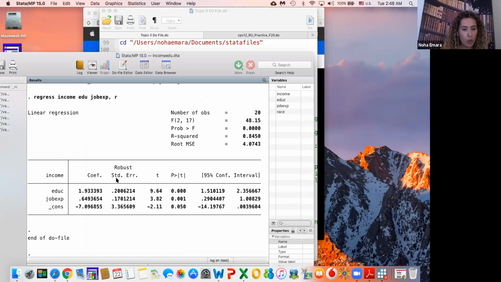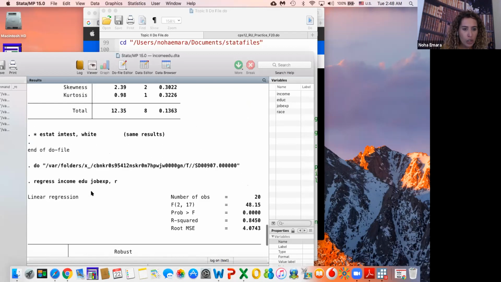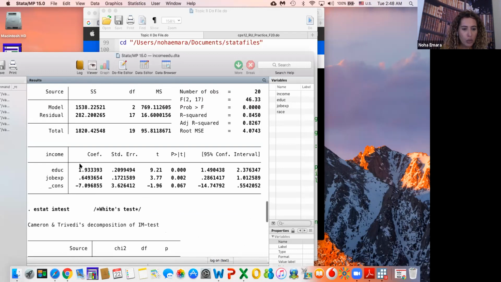What you get here is the robust standard error. The robust standard error is an adjustment to the regular standard error, allowing for the possibility of correlation between the X's in the model and the error term of the model. I want you to notice that the coefficients themselves do not change. When you go up here, this is 1933, 0.64, -7.